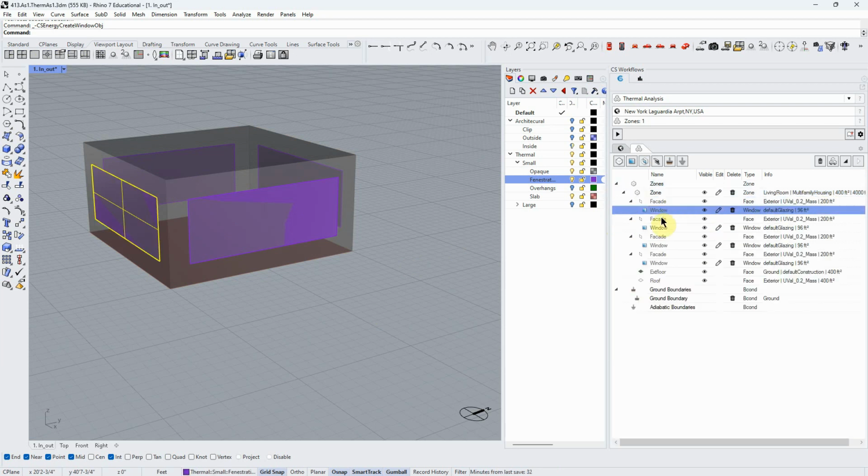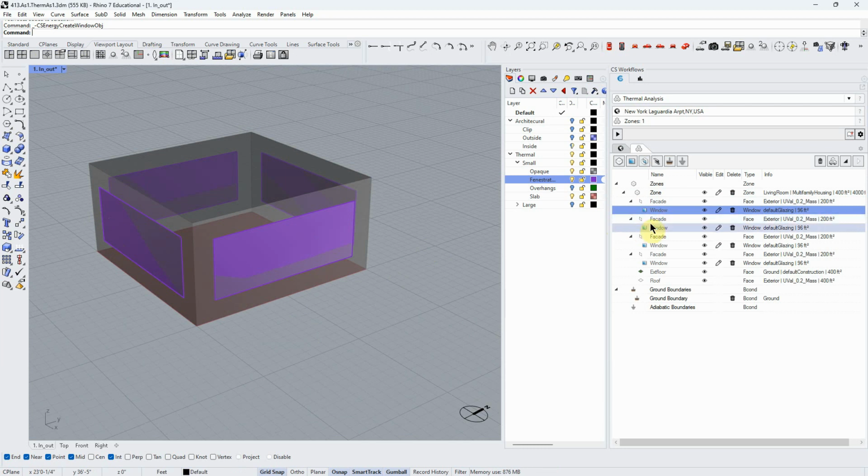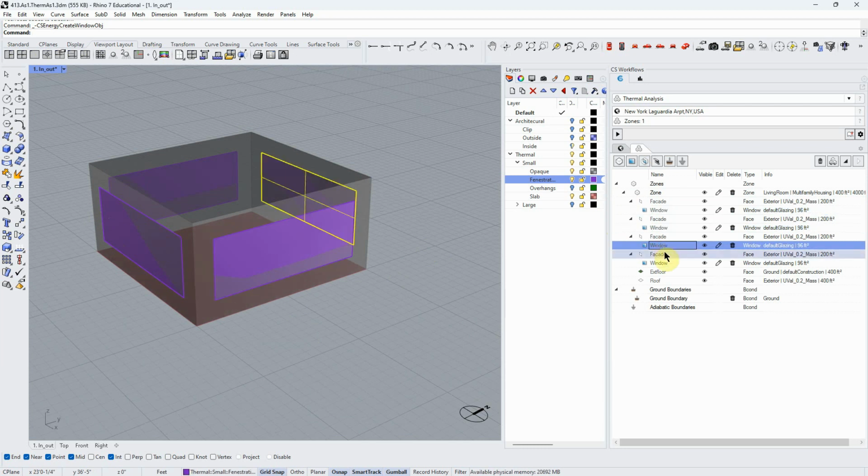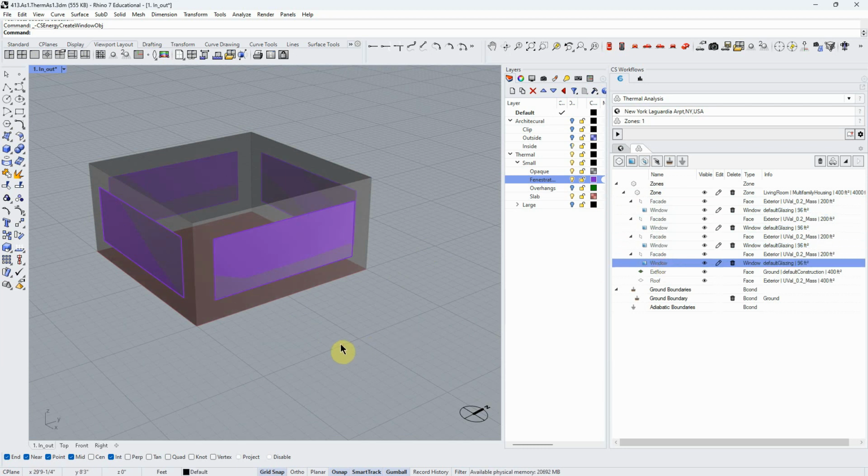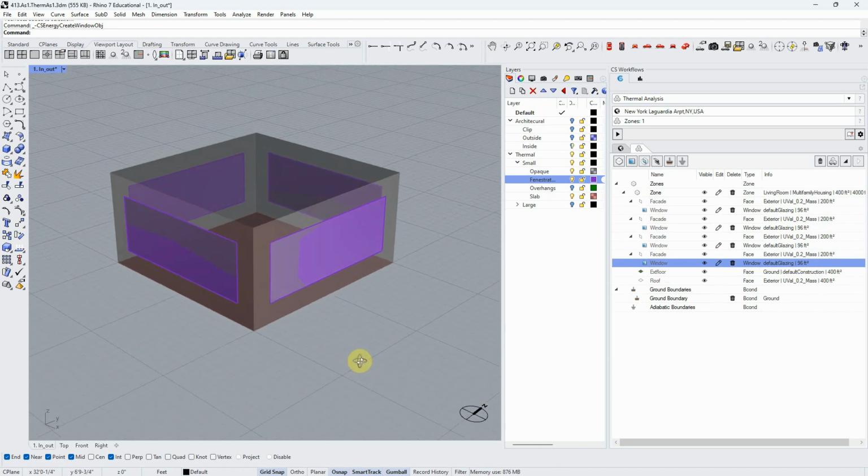And by the way, the model knows where to put them and on what facade to put them. So when we get more complicated, we can actually name these faces, or name our zones, and we can clearly keep track of where our windows are, because we may want to have different glass on different faces. Anyway, so now we're ready to run the model.